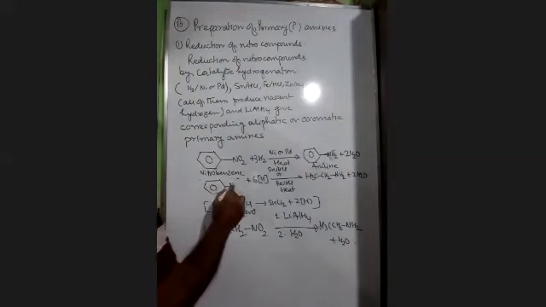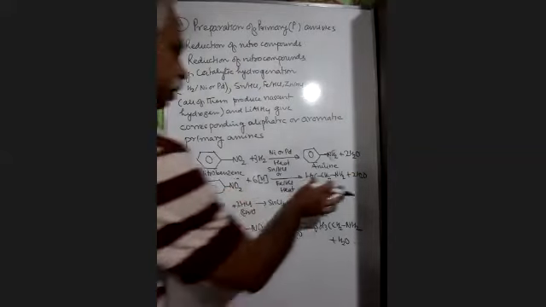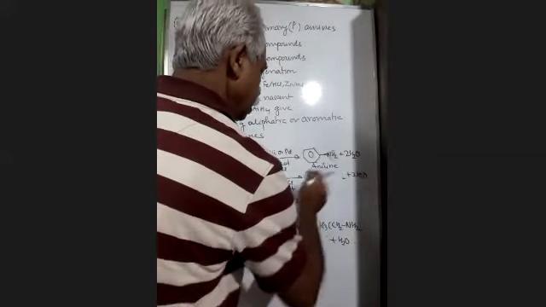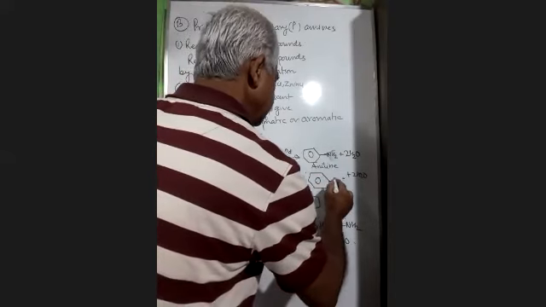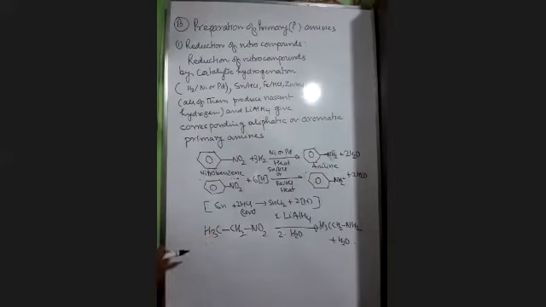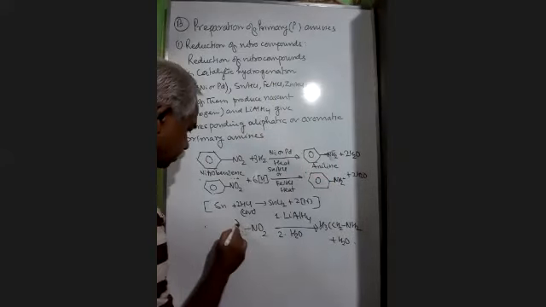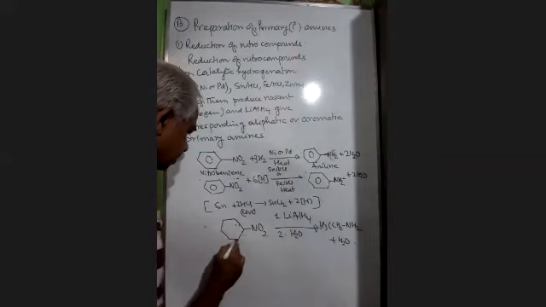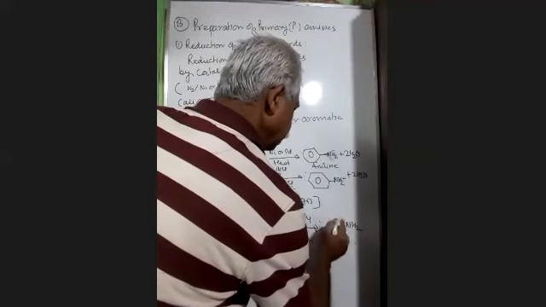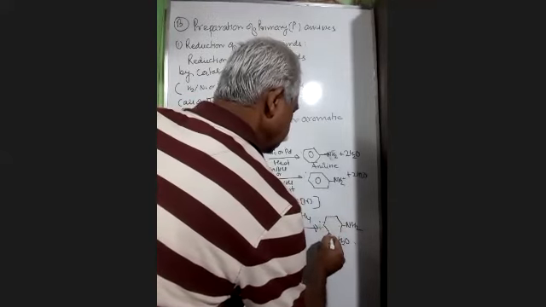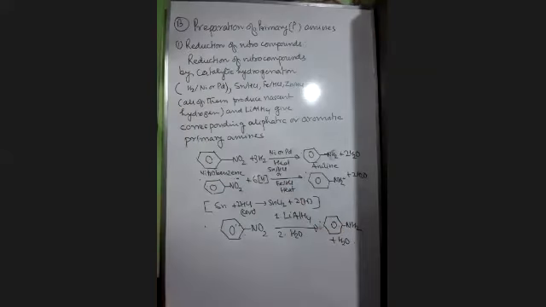Here also write nitrobenzene. This is aniline, please write. This is also nitrobenzene, and this one is aniline. Please, the preparation is the same, because you have written the corresponding aliphatic or aromatic primary amines.